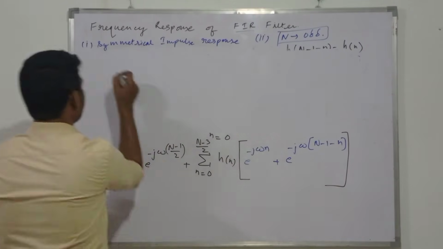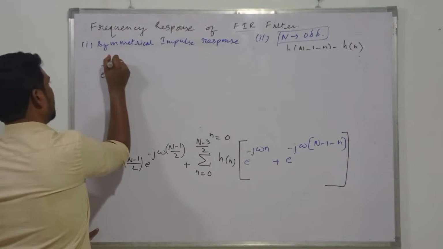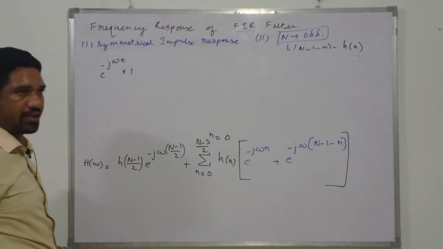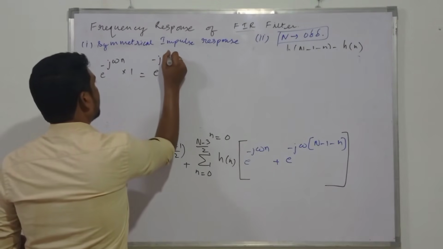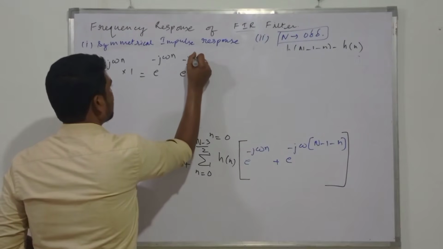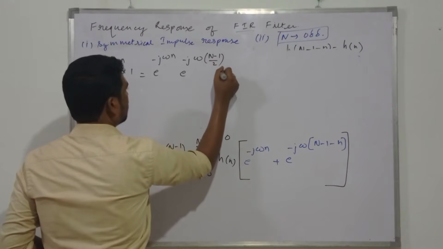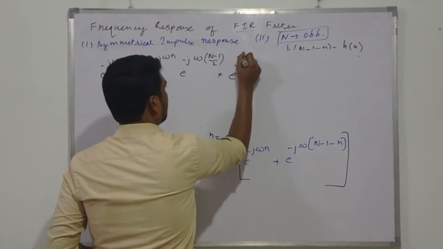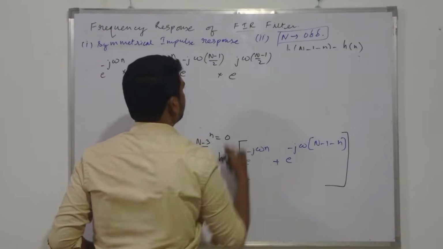This could be written as, the first exponential, e raised to minus j omega n into 1, isn't it? We have 1 over there. So this could be written as e raised to minus j omega n as it is, and e raised to minus j omega (n minus 1) by 2 multiplied into e raised to j omega (n minus 1) by 2.